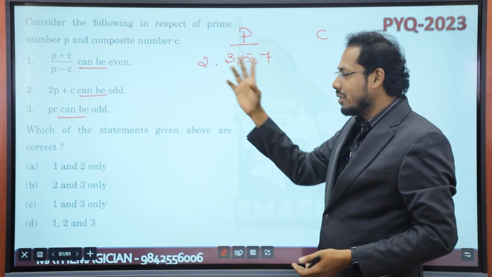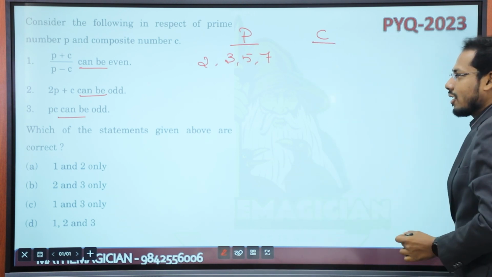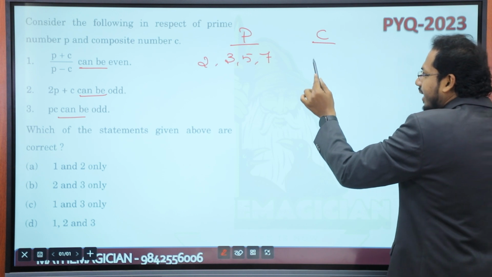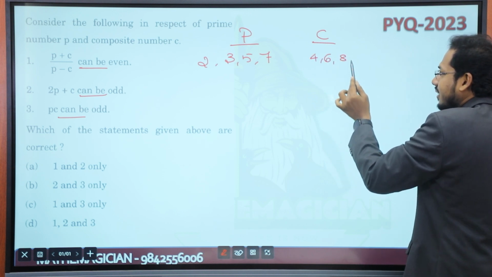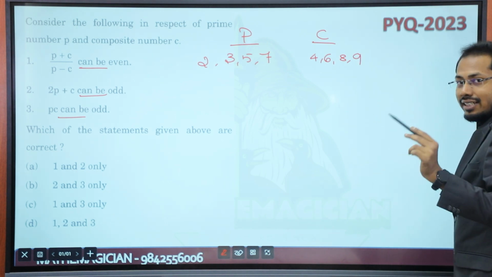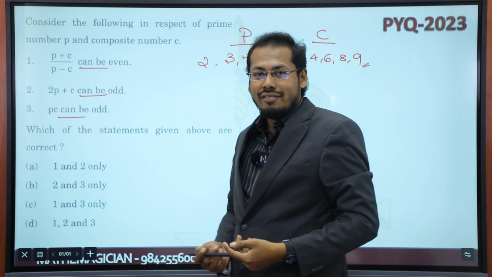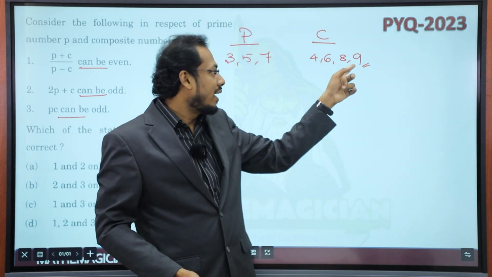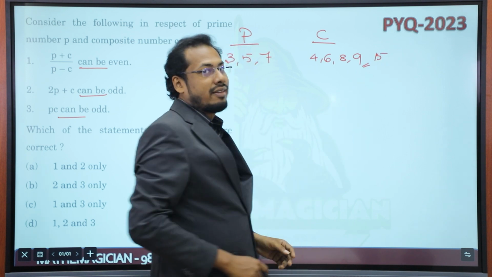Then composite numbers, we can take 4, 6, then 8, 9. Here the different type of number is 9, because most composite numbers are even, very few are odd numbers. So at least we should check with 9, 15, these things also, right?